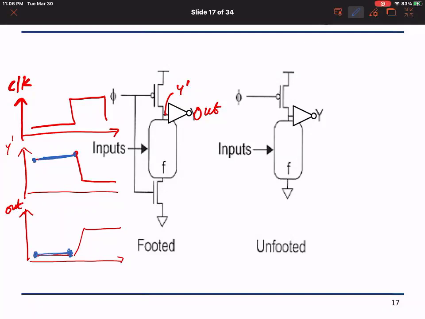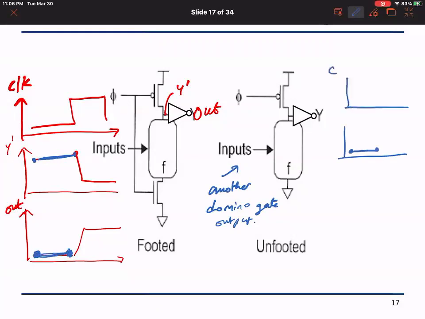Okay, and therefore the inputs to the domino gate from a previous gate, if this is arriving from another domino gate, the output will always be low, just like this branch here, when the clock is low. So there is going to be no contention, no problem.